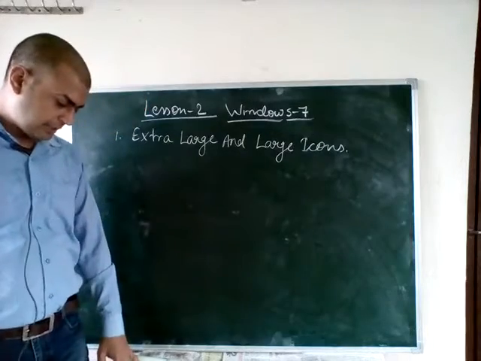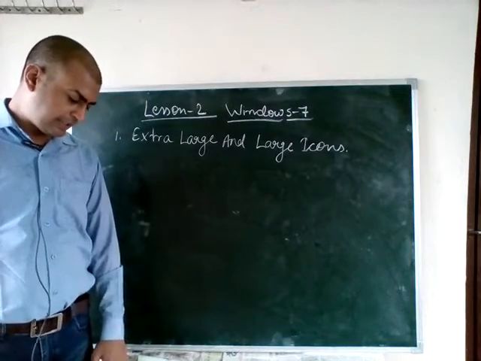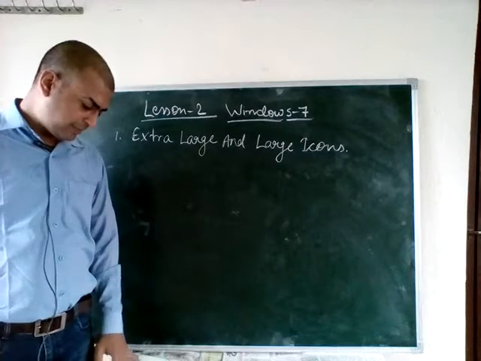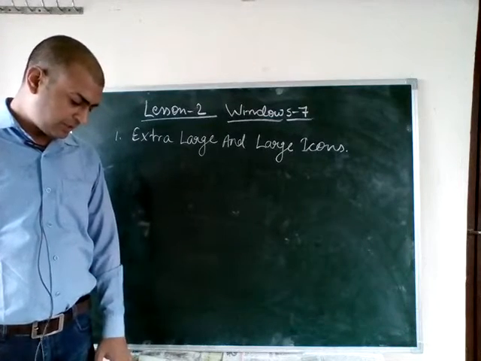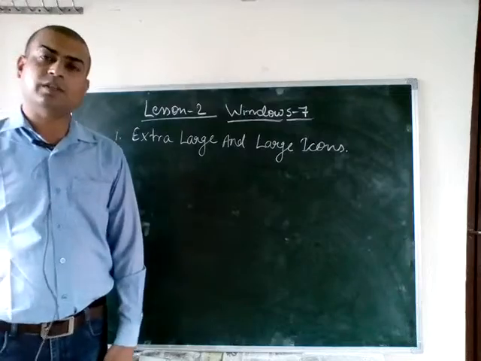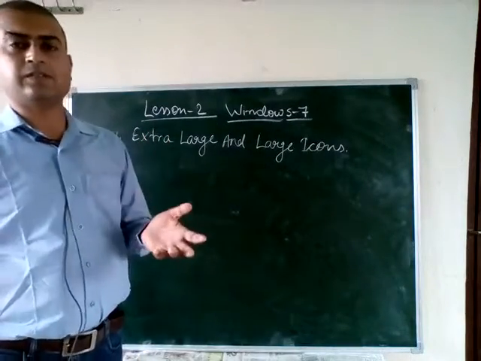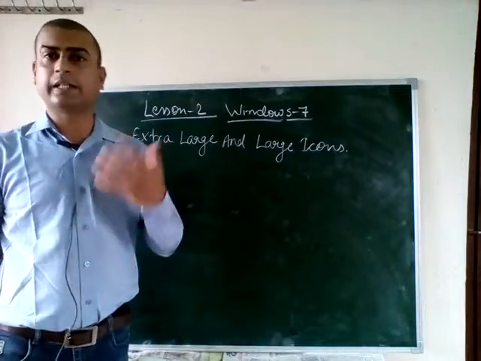In this, they display the gigantic and the large icons of the files and the folders. These two can be very useful when working with images and video files. So when we are working with videos and images file, then it will be very useful. Why this is useful?